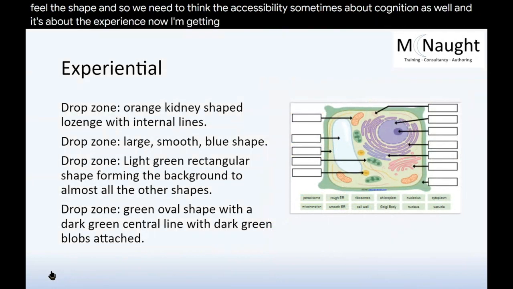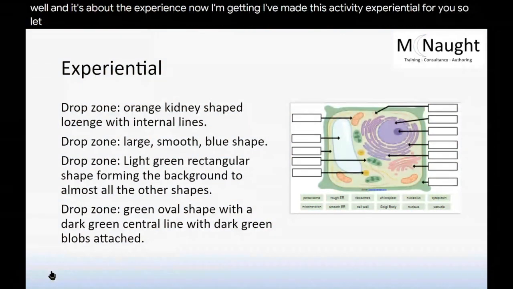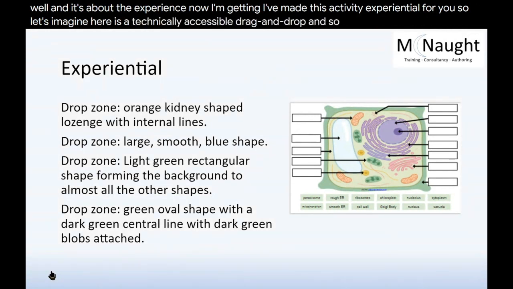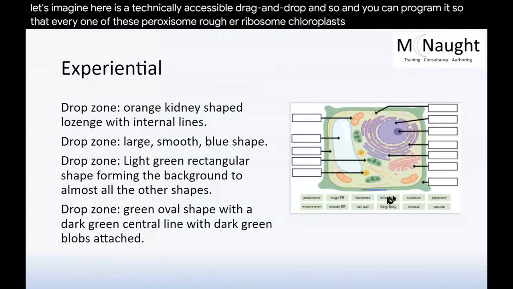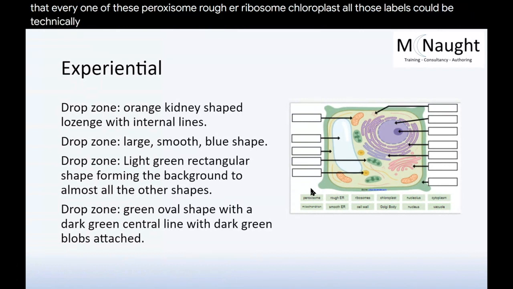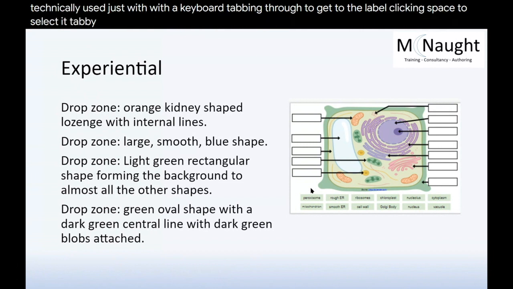Now I've made this activity experiential for you. So let's imagine here is a technically accessible drag and drop, and you can program it so that every one of these labels, peroxisome, rough ER, ribosome, chloroplast, could be used just with a keyboard, tabbing through to get to the label, clicking space to select it, tabbing through to the drop zone.